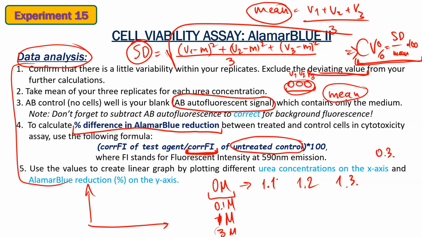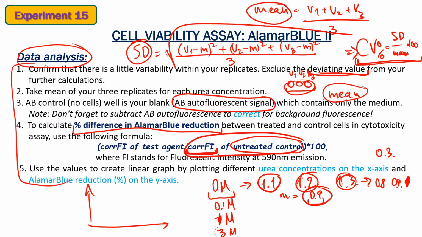So you subtract the 0.3 from all of those values, and you're left with the corrected fluorescence intensity: 0.8, 0.9, and 1. Then you take the mean: 0.8 plus 0.9 plus 1, divided by 3, gives you 0.9 for your mean. So this is your untreated control corrected for the blank.